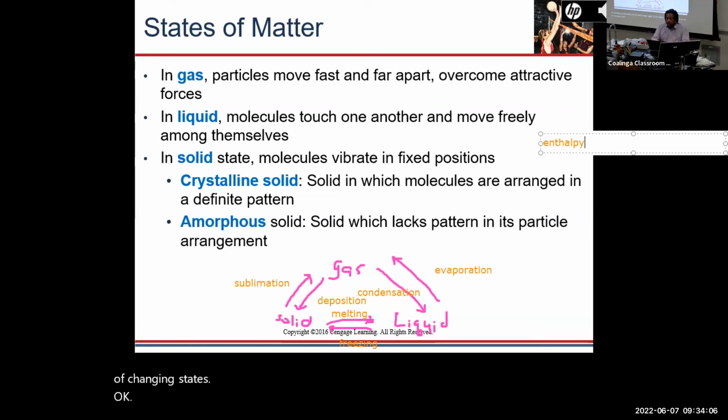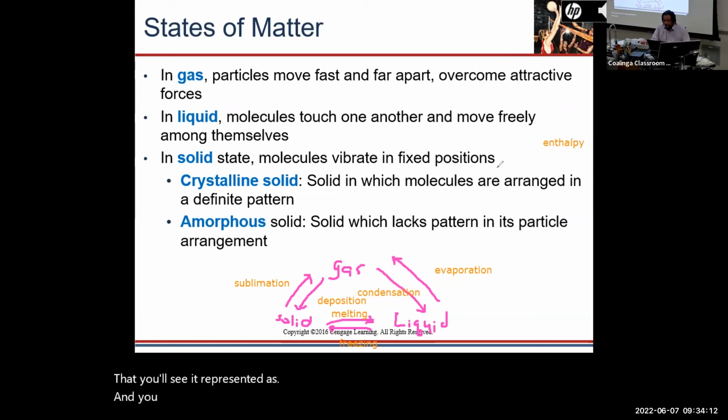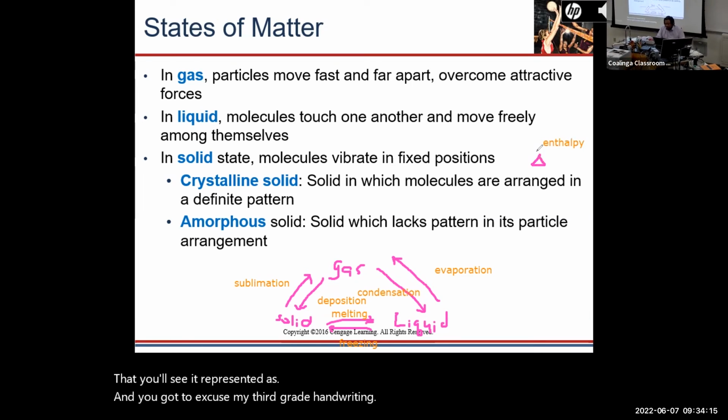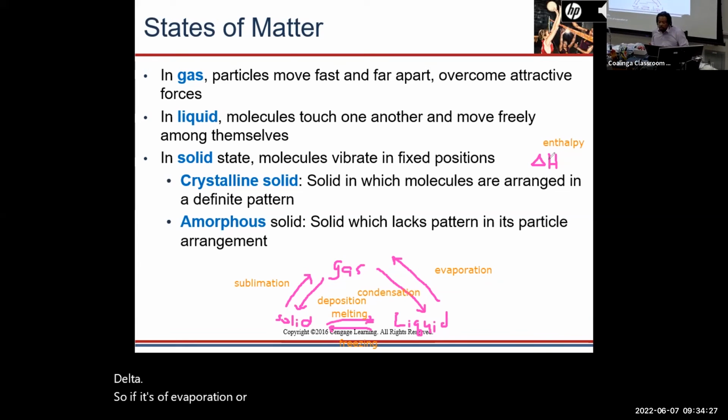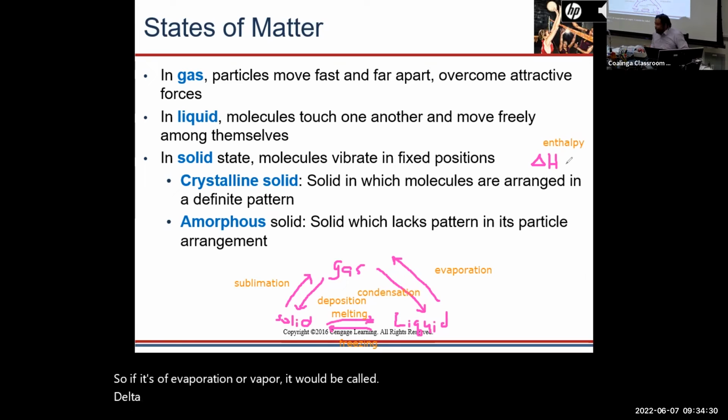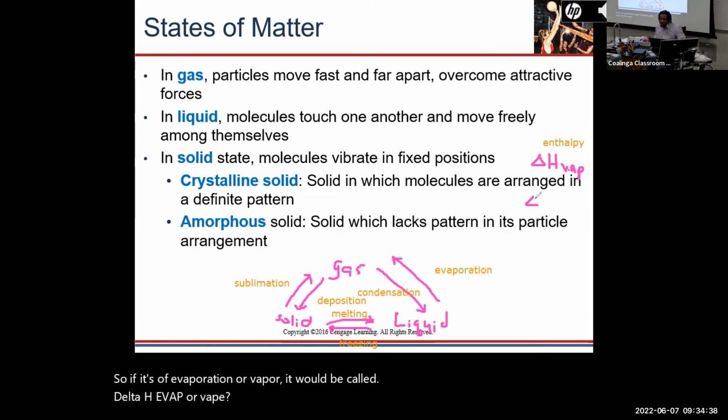The way that you'll see it represented, you've got to excuse my third grade handwriting, is delta H. So if it's evaporation or vapor, it would be called delta H vap or vapor. If it's melting, then you would call it delta H melting, or they also would call it fusion.